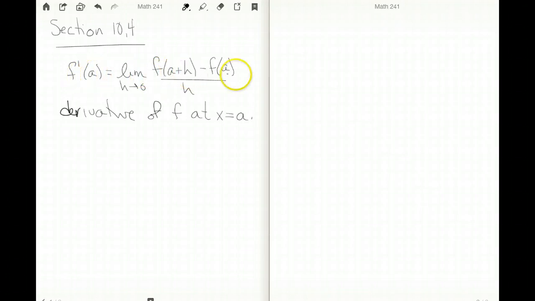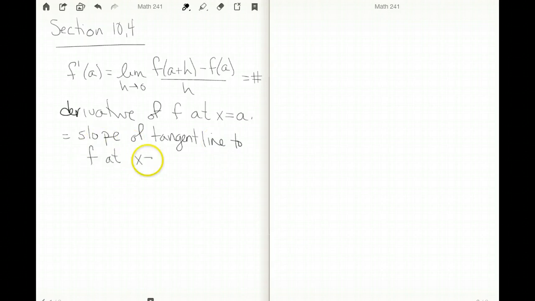So this actually equals a number, and remember, this number is the slope of the tangent line to f at x equals a. That's what the derivative means by definition.